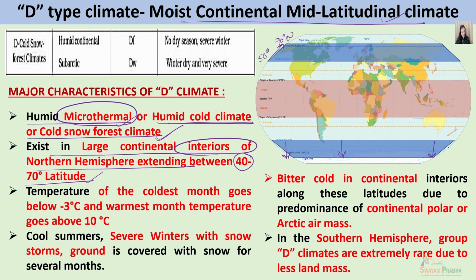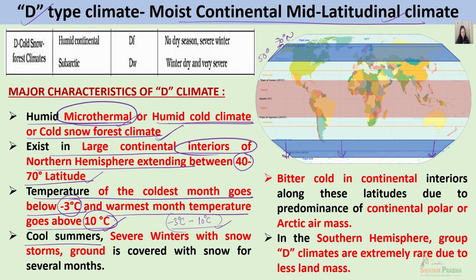So on land, this type of climate is experienced prominently in the northern hemisphere. So the temperature of the coldest month goes below -3 degrees Celsius and the warmest month temperature goes above 10 degrees Celsius. So the range of temperature is high here, which extends almost from -3 degrees Celsius approximately to 10 degrees Celsius between winters and summers respectively.